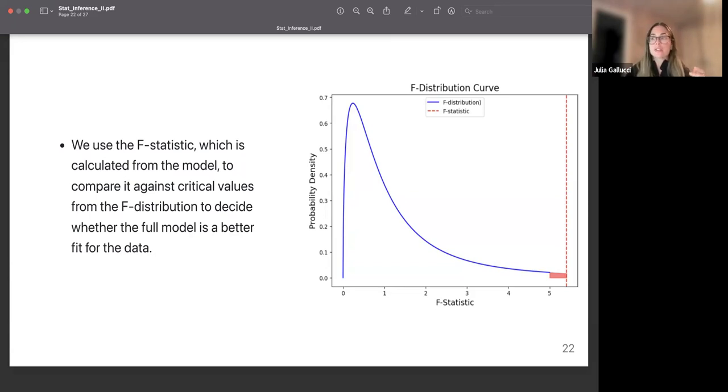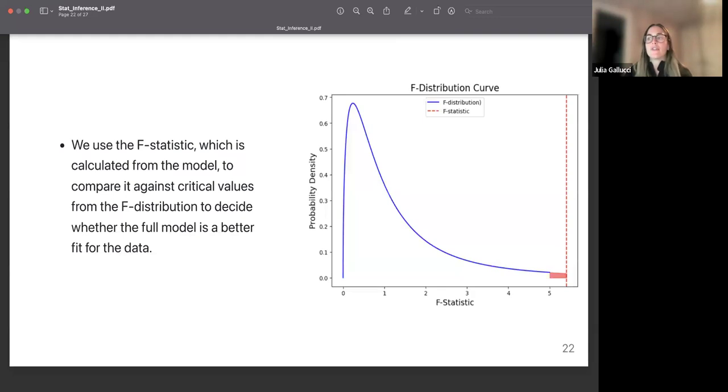So going back to our house data, imagine we're comparing how well the model fits the data. One model is very basic, no predictors, just predicting the average house price regardless of anything. And then we also have this more complex model with predictors like house size, number of bedrooms, neighborhood, whatever.